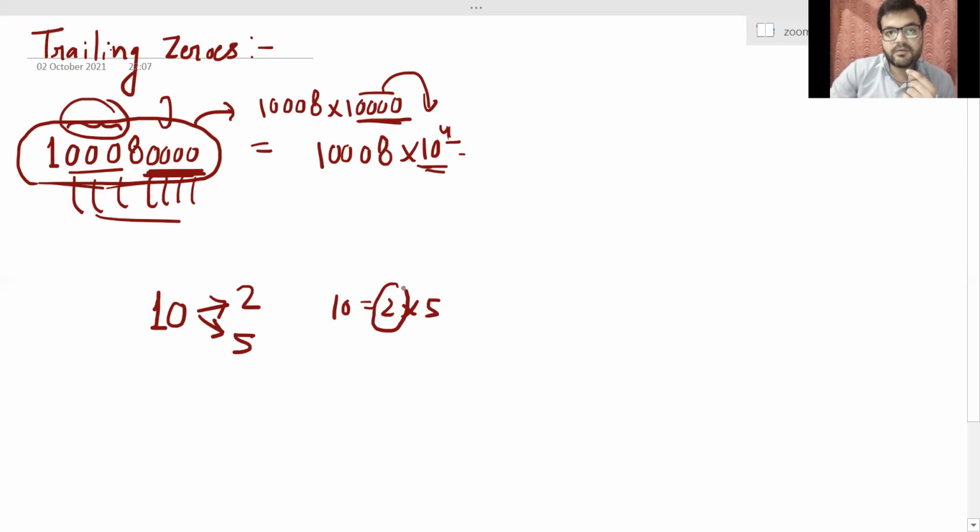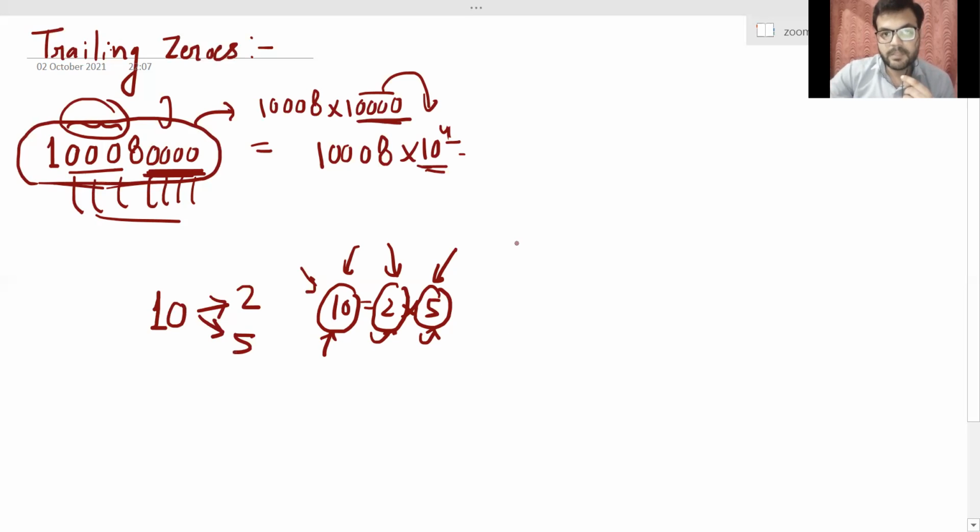So whenever you have to find the number of trailing zeros or the maximum power of 10, you have to count the number of 2's and the number of 5's, because a 10 is formed of one 2 and one 5. Then only you will be able to tell how many zeros or how many tens are there, I mean, what is the maximum power of 10 in that expression.